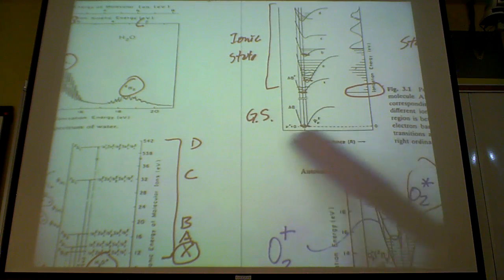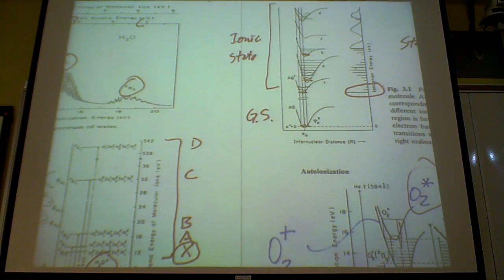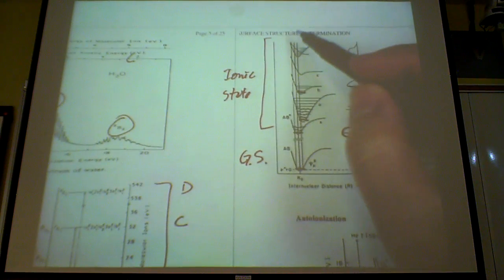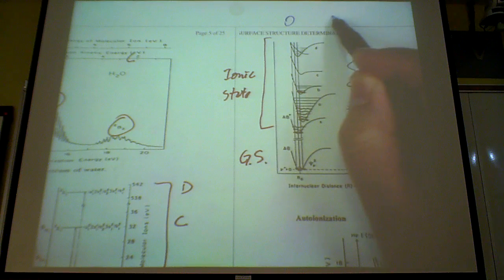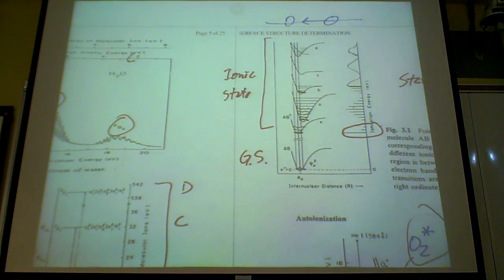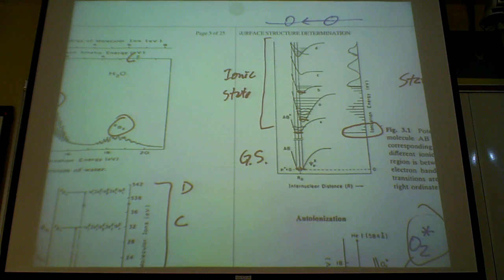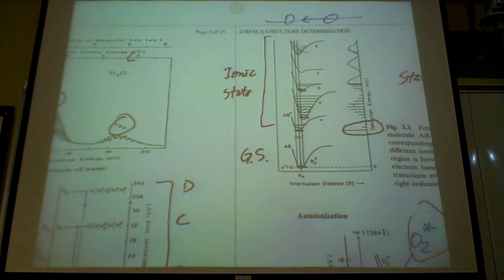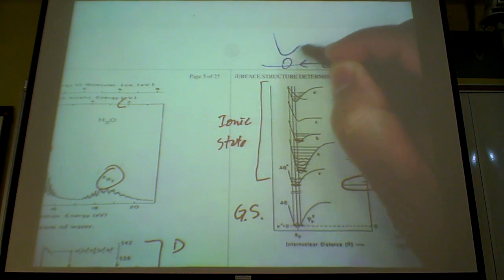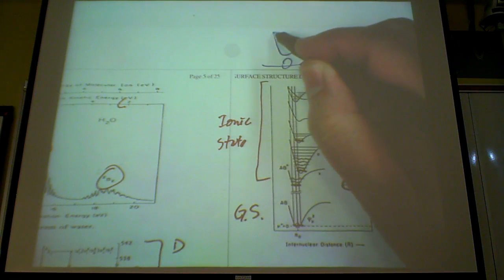This is the intermolecular distance between one stationary atom and the other atom as we move them together. So you can think of one atom here, and you're moving another atom along some axis to form a stable molecule. In diatomic spectroscopy, it works. This is what you call the potential energy curve.